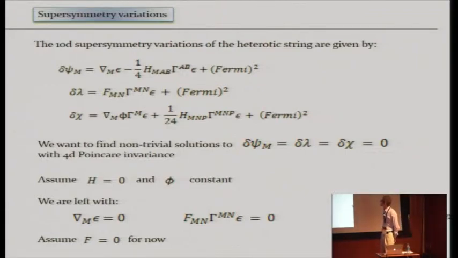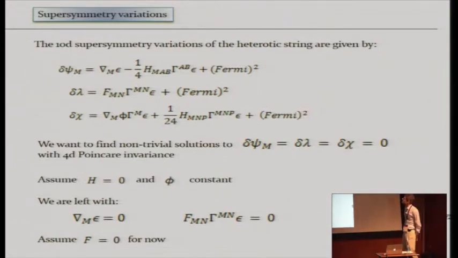So that we do want to impose. If you want to impose that, then first of all the Fermi fields are going to have to vanish, because if any of the Fermi fields have a non-zero expectation value, then you will be breaking that 4-dimensional Poincare invariance. That's essentially why I didn't write the transformations for the bosons, because the transformation of the bosons is proportional to a fermion, but the fermions have 0 expectation value, so I don't need to worry about those.